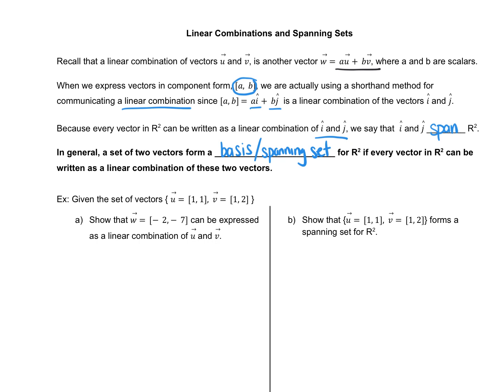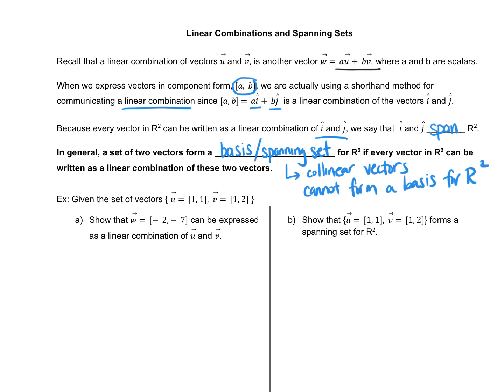Now, the only time two vectors in 2D will not form a spanning set is if the two vectors are collinear. So I'll make a little note of that. Collinear vectors cannot form a basis or a spanning set for R2.